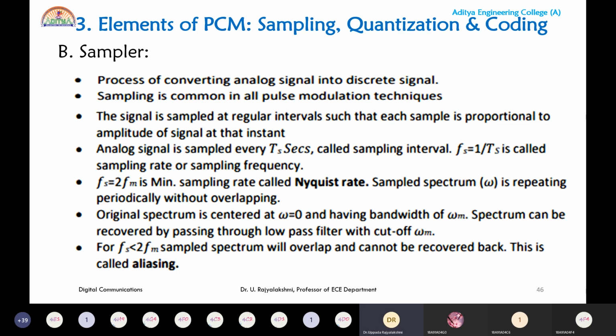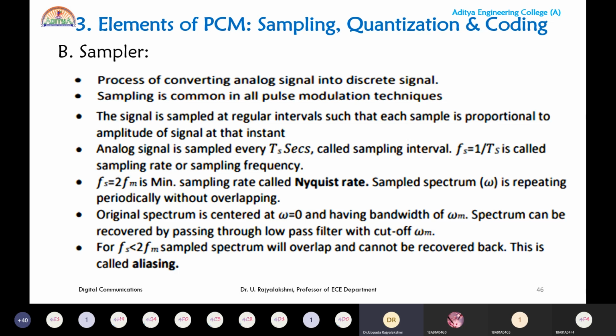What is the Nyquist rate? The Nyquist rate is the cutoff point below which, if Fs goes under 2 FM, the signal cannot be recovered properly at the receiver. So Fs should always be greater than or equal to 2 FM, and the cutoff is called the Nyquist rate.